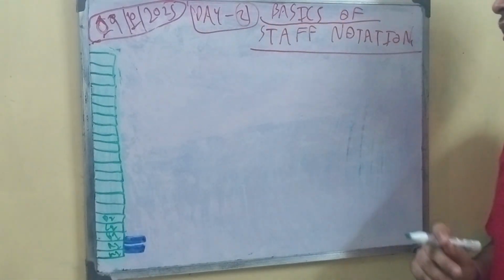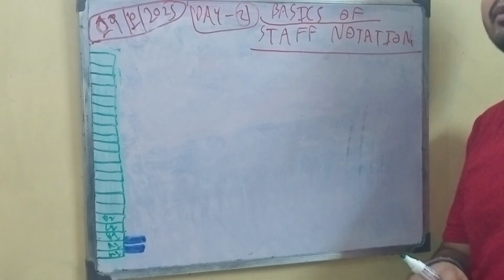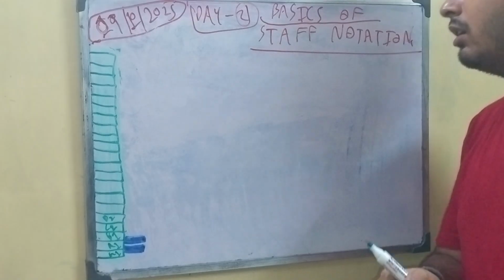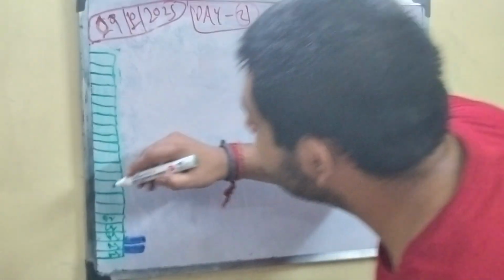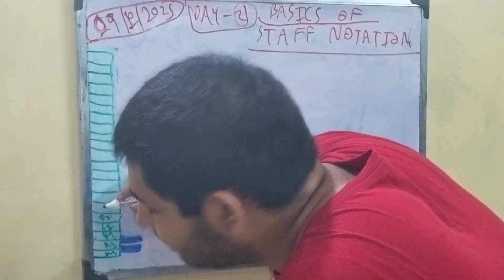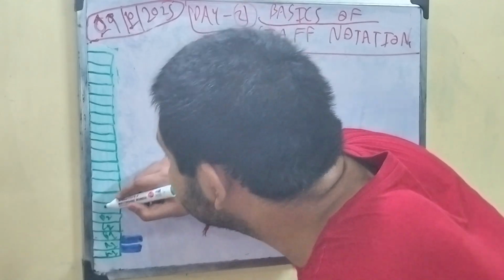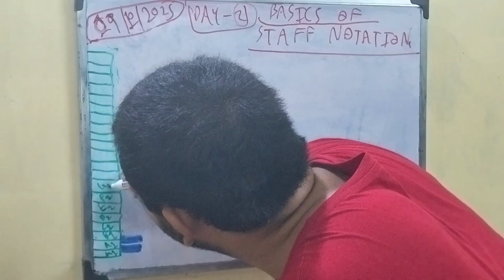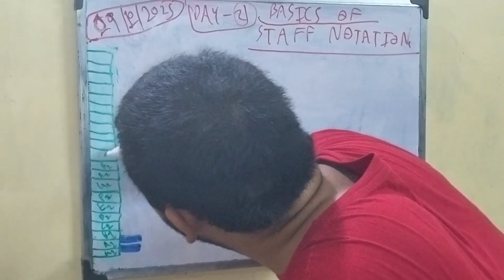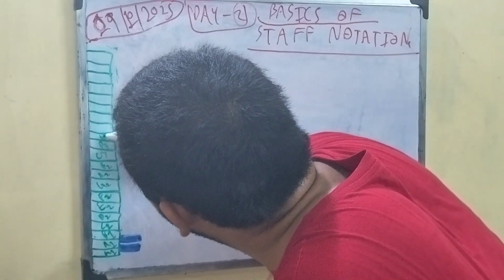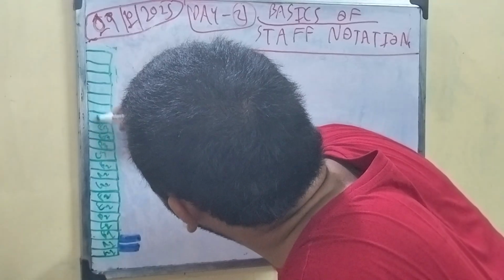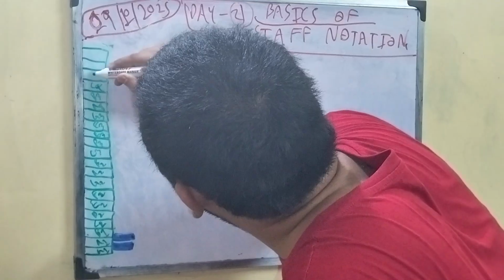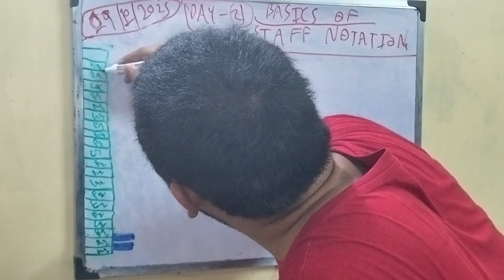Remember, last day I taught that the alphabet prefix means the key name, and the suffix, 1, 2, 3, 4, 5, means the octave numbers. So G1 means G of the first octave. Like that it continues. E2, F2, G2, A2, B2, C3, D3, E3, F3, G3, A3, B3, C4, D4, E4 and F4.